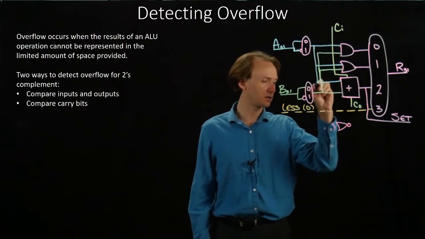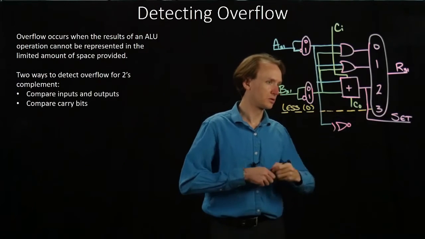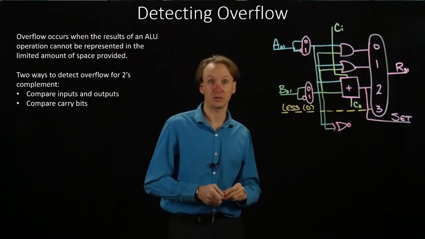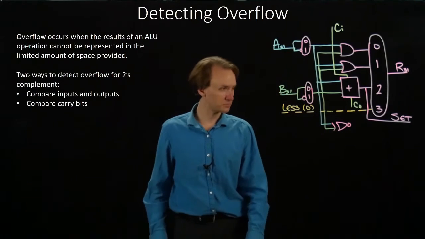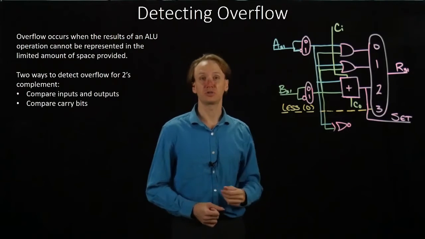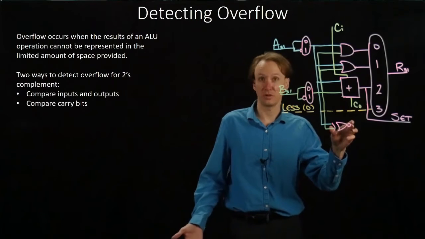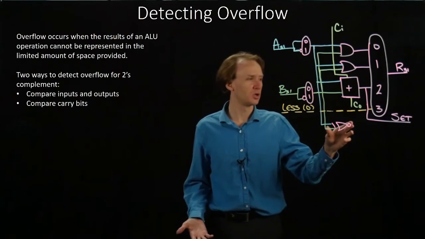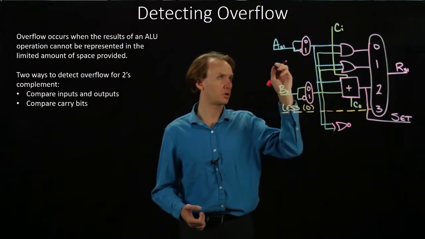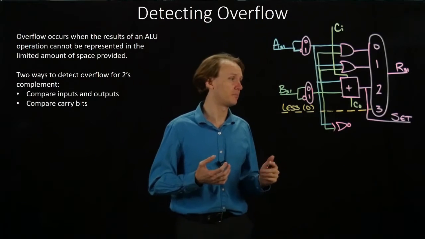Then I can take and route my A and my B over to my NOT XOR gate. Now I can tell whether my two inputs are the same or not. Now I want to know if, given that they have the same inputs, whether the outputs are the same. So I really only need to worry about A or B, and I'm interested in whether they have different parity this time.